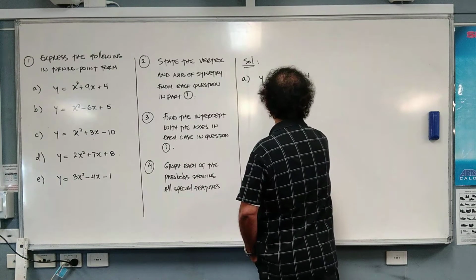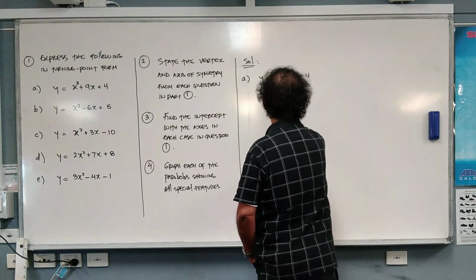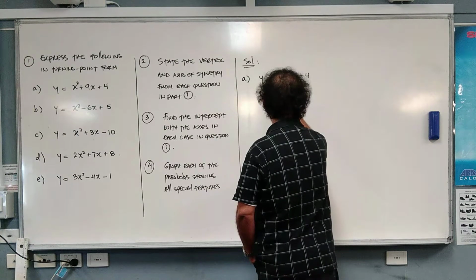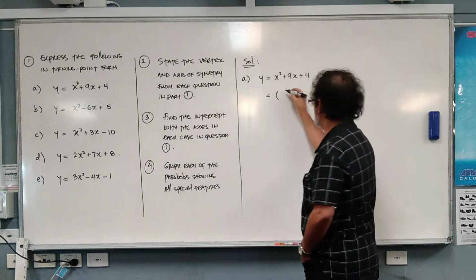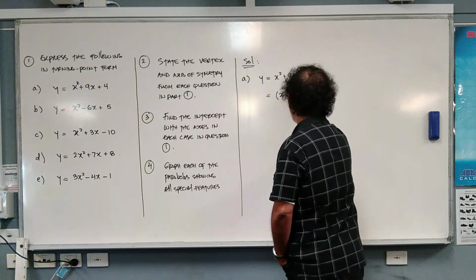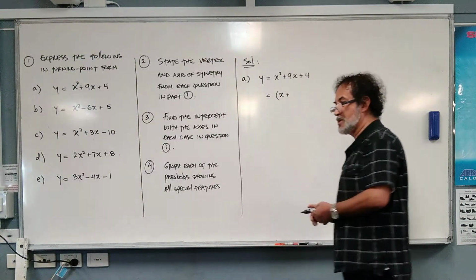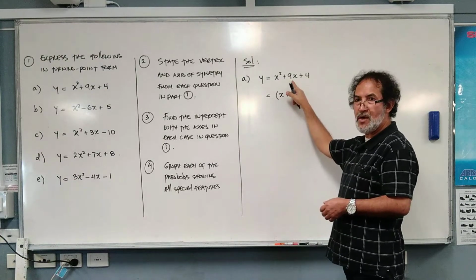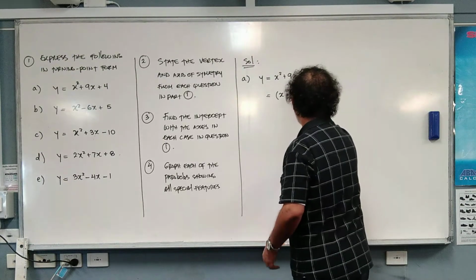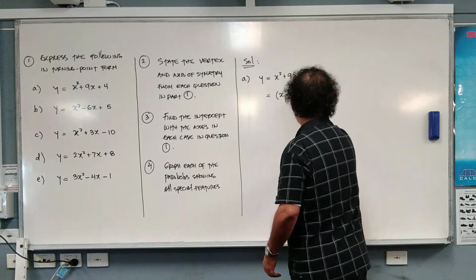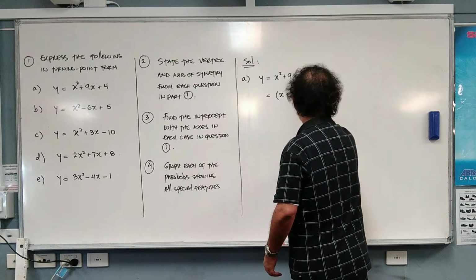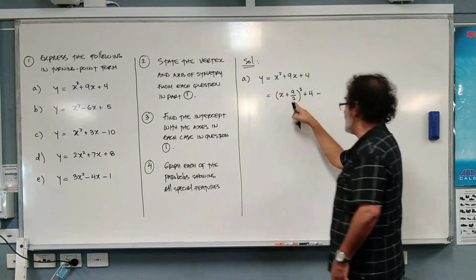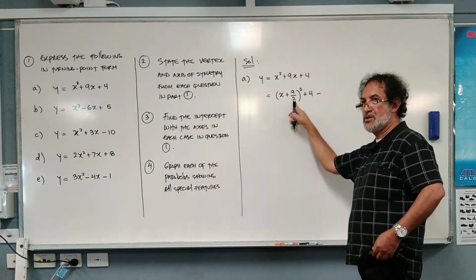All right, so we have this, and then we are going to complete the square for x. So we're going to do a bracket. That's what we did yesterday. So you do bracket, and then you do x plus, and then we divide this number by 2. Remember that's what we do. So we divide 9 by 2, square, add the 4, but then we have to take away the square of that fraction.